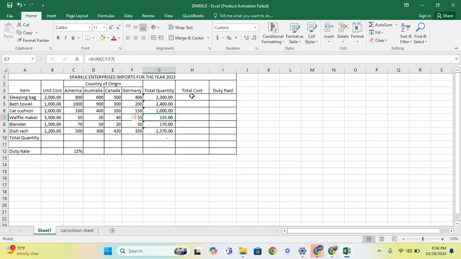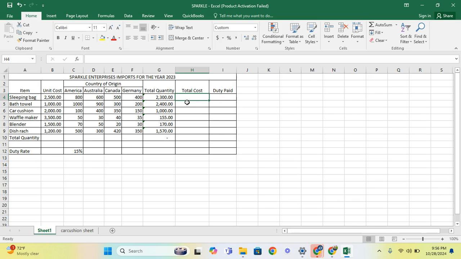Still, when we want to calculate the total cost, we will have to use relative cell referencing. In this case, we will just multiply B4 by this cell, which is G4.